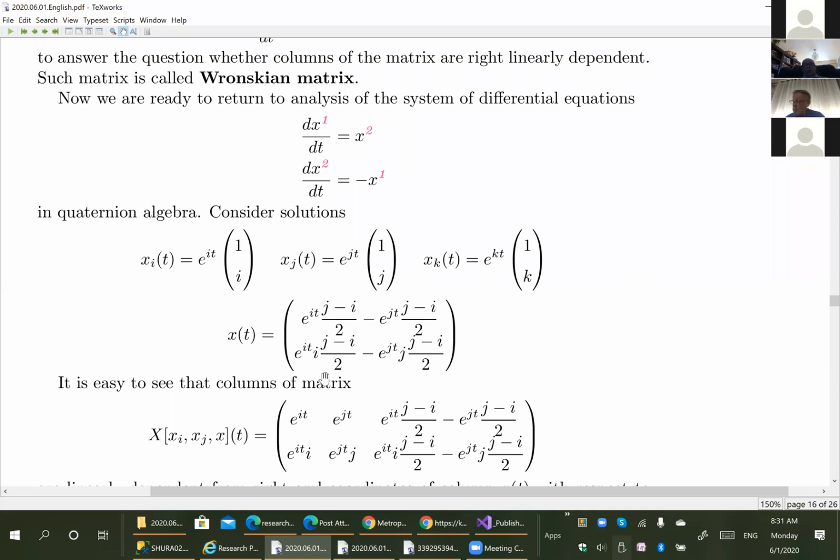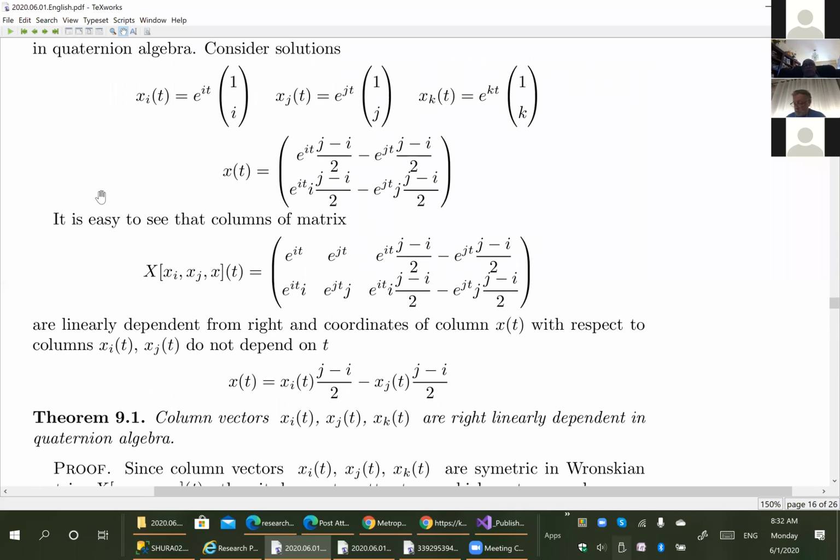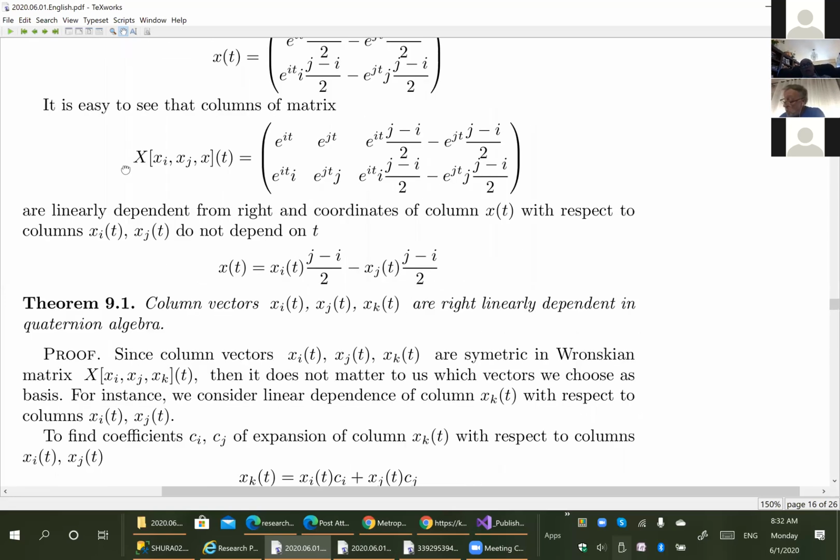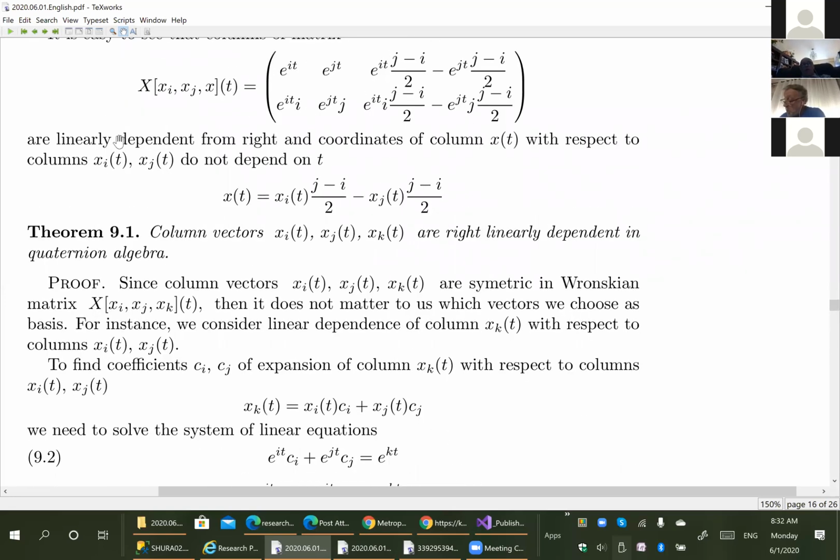Now it's easy to see from the Wronskian matrix that this column is linearly dependent on columns xi and xj. The next step, I want to take columns xi, xj, xk, which at first impression should really be linearly independent, because the value of the columns depends on the value of t.